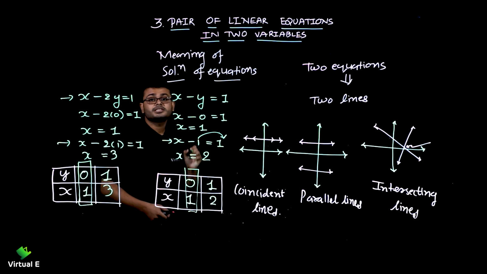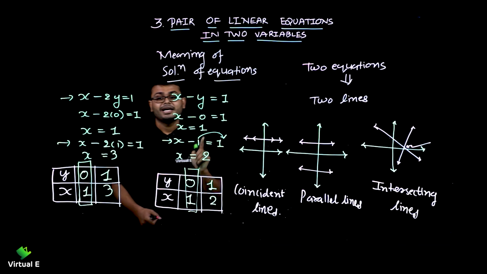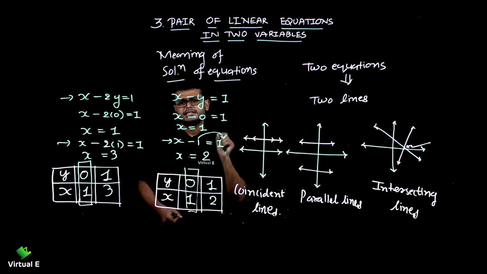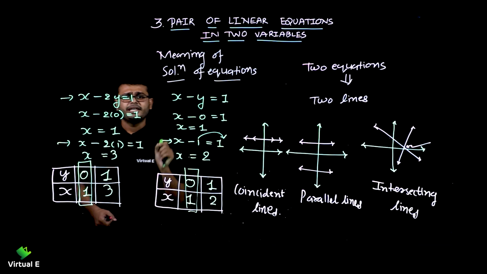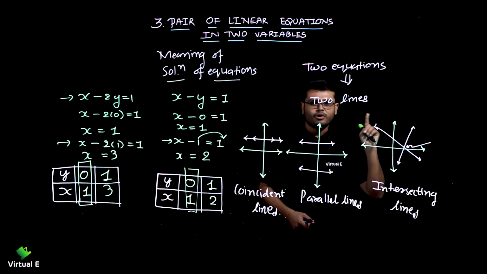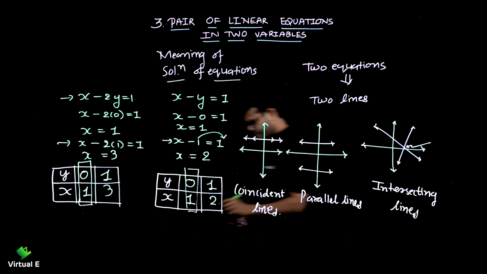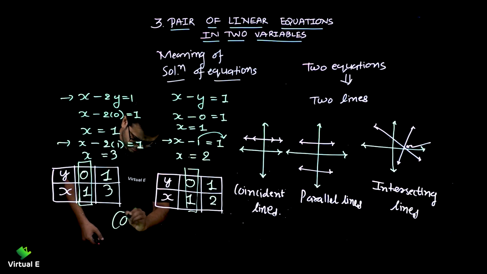So this is the solution of these two equations. They have one point in common, and this point is called the intersecting point. So when I represent both of the lines on graph paper, they are going to meet at the point 0 and 1.